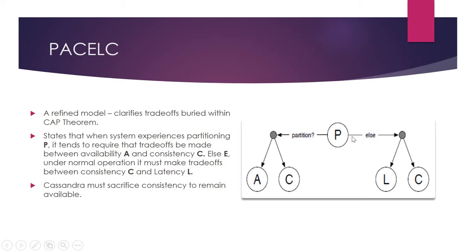What he states is that when a system experiences partitioning P, it requires that trade-offs be made between either availability A and consistency C, or else, under normal operations, it must make trade-offs between consistency C and latency L. So Cassandra must sacrifice consistency to remain available.